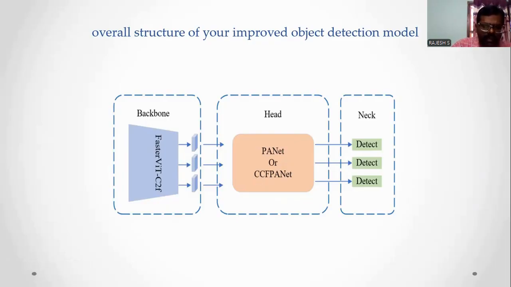These two networks combine the small and big details of the image, so the model can see the complete picture clearly. By mixing all the levels of information, the model can easily detect small, medium, and big objects.